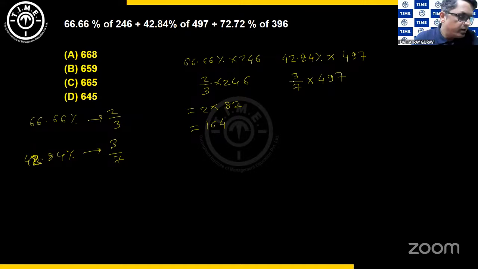So if I divide by 7 first, it becomes 3 into 71. If I multiply by 3, it will be 213.